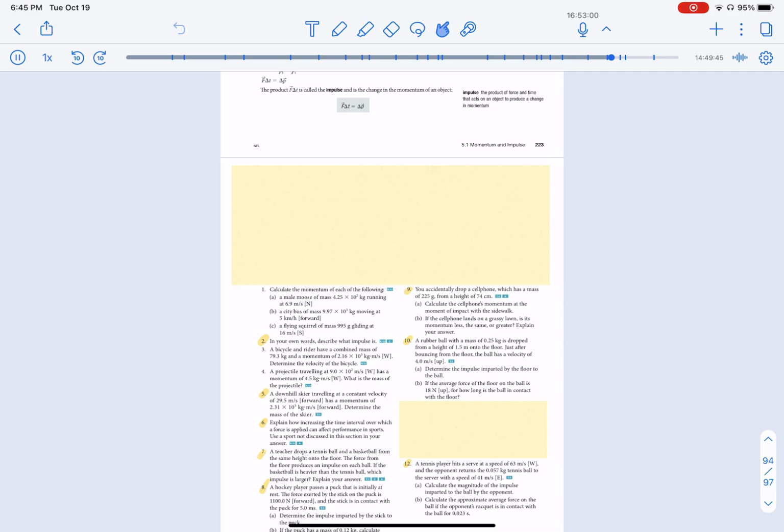Your change in momentum. So if I expand this a little bit more, just to write it in a different way, maybe to help me see things a bit better, we know that change in momentum is always your final minus initial momentum, right? Change in is always final minus your initial state. You don't have to write this down if you don't want to.